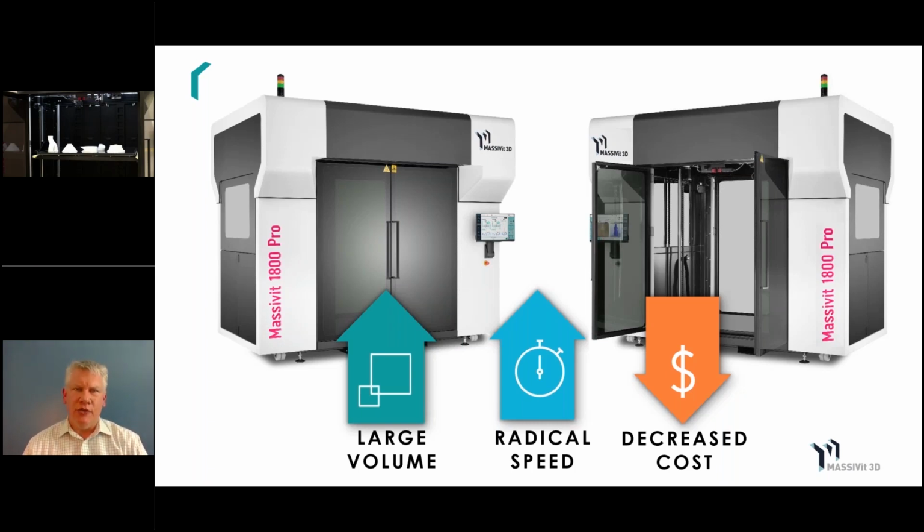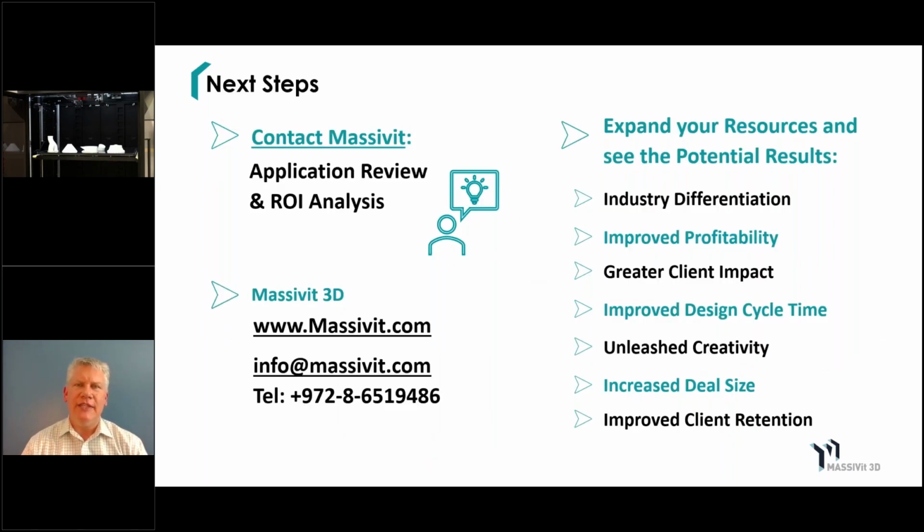The exponential factor is the idea that your craftspeople that would normally be able to apply their skills in the most profitable manner can now free up some of their time by printing parts through that radical speed. So in general, the summary is that large volume comes from high speed, and high speed decreases your cost in 3D printing. Having GDP technology at your fingertips and as a resource really applies across the board.